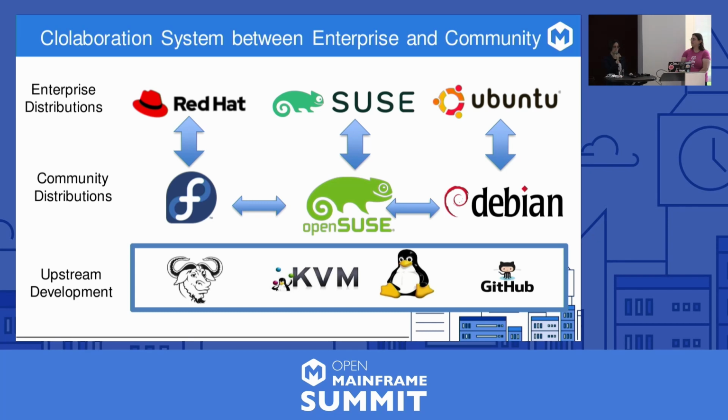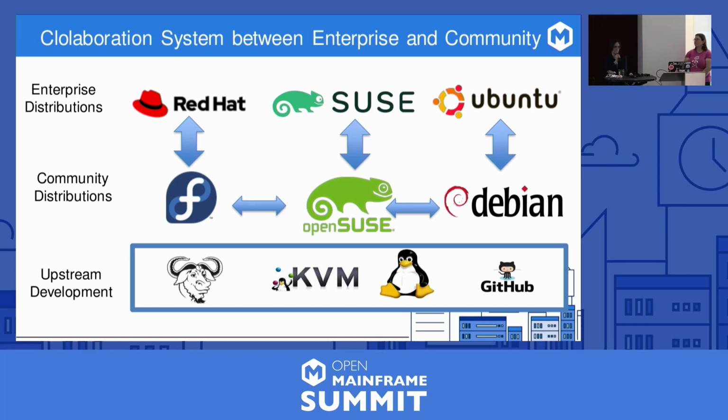We have people who are cross-community members, which is the name for people who are contributing to multiple Linux distributions. From there, we are also contributing to upstream, so there is also the upstream development part here.